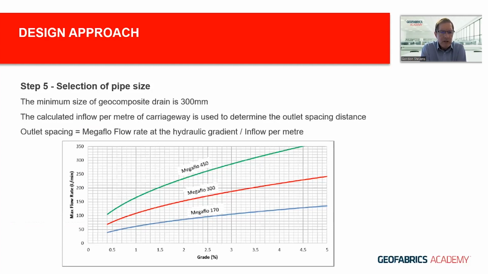This is a chart showing the gradient on the x-axis and the flow in liters per minute on the y-axis for Megaflo. And we can use this to determine what the outlet spacing is based on the Megaflo flow rate at that particular hydraulic gradient and the inflow per meter.